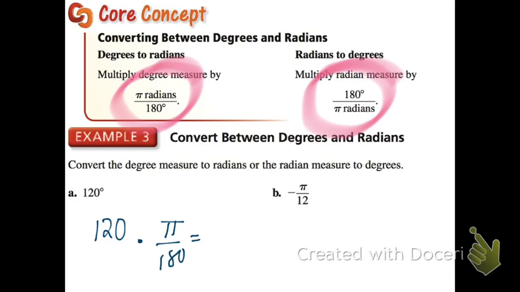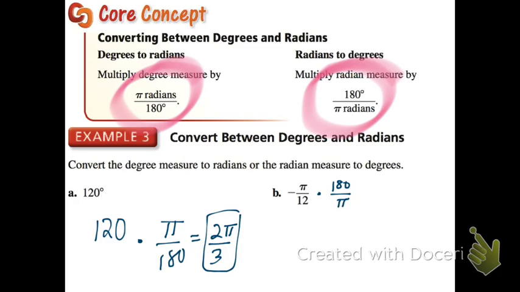In your calculator, you can simply put 120 divided by 180, and you get 2/3, but the pi needs to go on top. So don't actually evaluate pi, leave it as the symbol pi. For B, I have negative pi over 12, and I'm going to multiply this by 180 over pi.